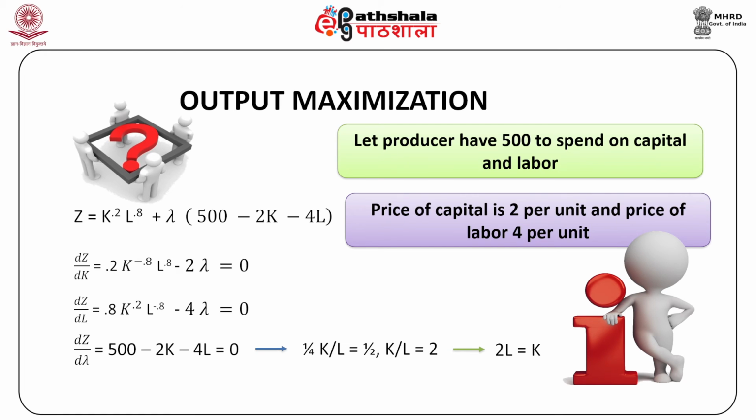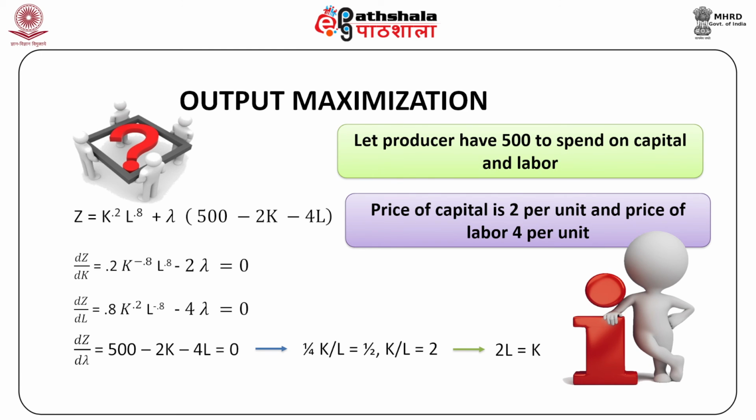Differentiating equation 2 with respect to K, L and lambda, we have ∂Z/∂K = 0.2 K^-0.8 L^0.8 − 2λ = 0, known as equation 3. ∂Z/∂L = 0.8 K^0.2 L^-0.2 − 4λ = 0, which is known as equation 4. ∂Z/∂λ = 500 − 2K − 4L = 0, which we denote as equation 5.